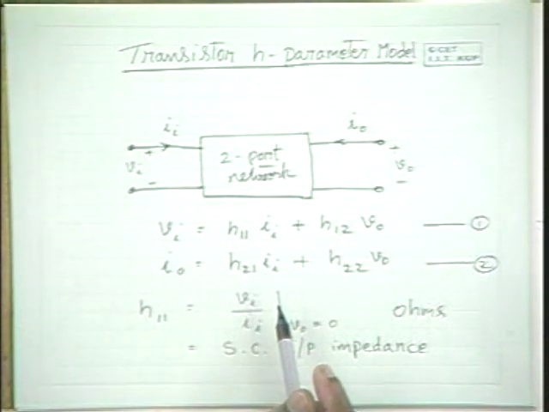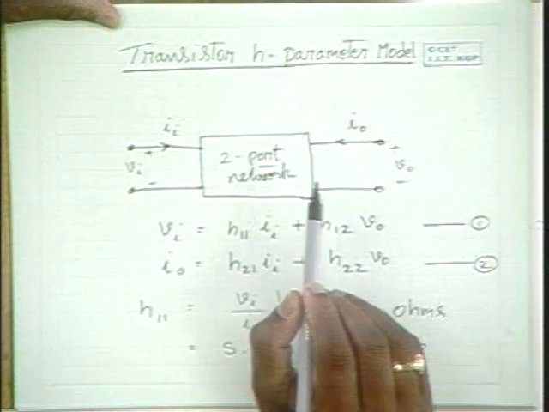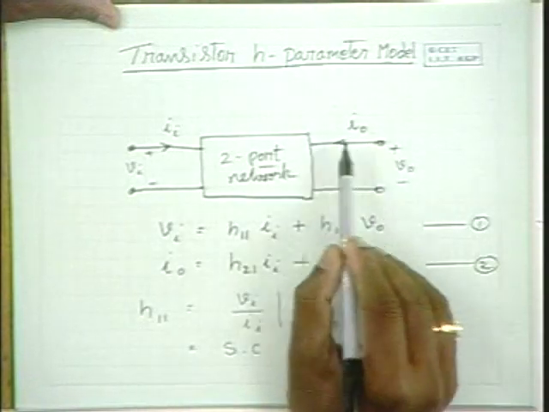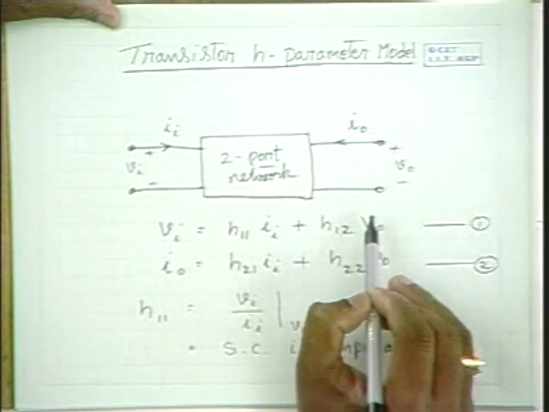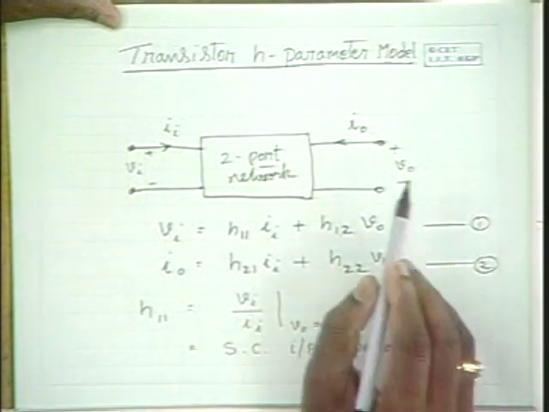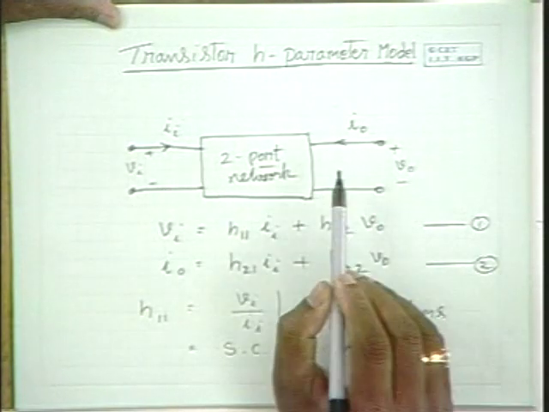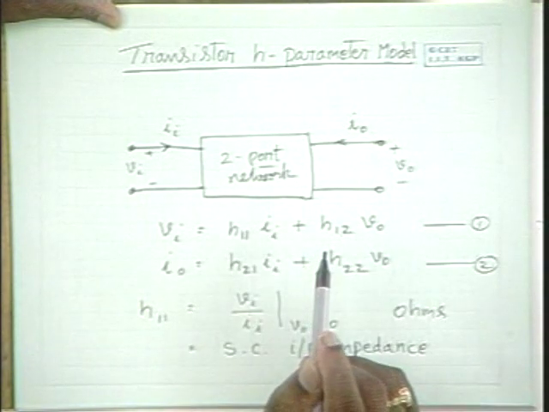So what do we call the output current to input current ratio in the context of a transistor? It's the current gain. So it is a short circuit current gain. I0 by Ii is a short circuit current gain when V0 is equal to 0. I mean, short circuit means V0 is equal to 0. So H21 is known as the short circuit current gain.